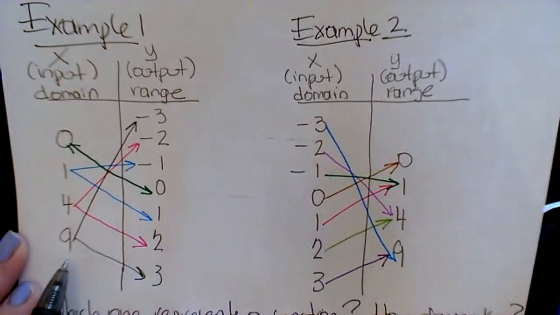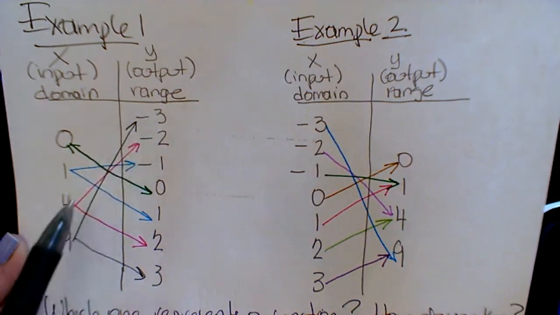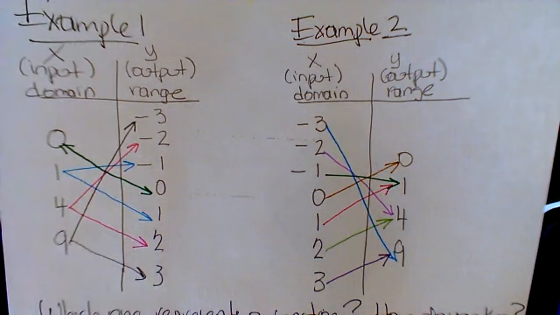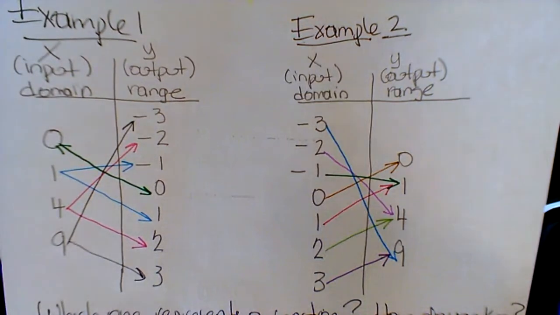Does every element of the domain correspond to exactly one element of the output? No. 9 goes to -3 and 9 goes to 3. So this is not a function.